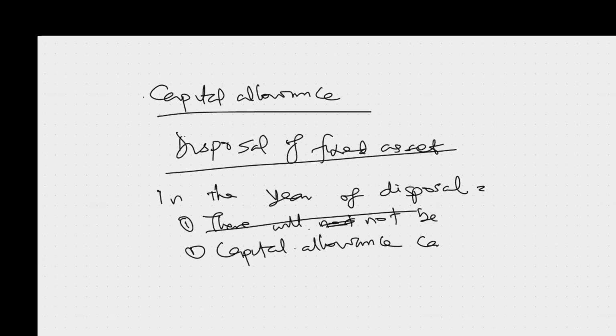So in the year of disposal, they cannot claim capital allowance because the asset has been disposed.